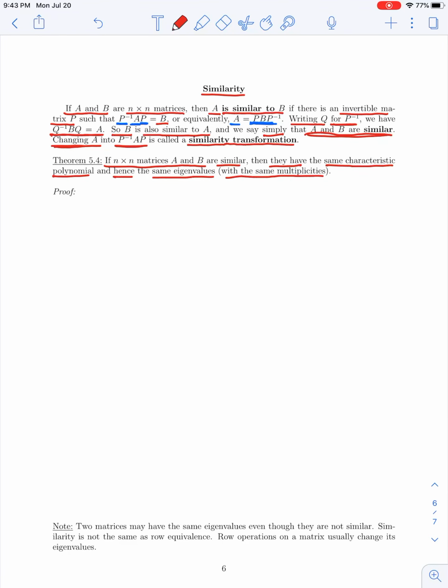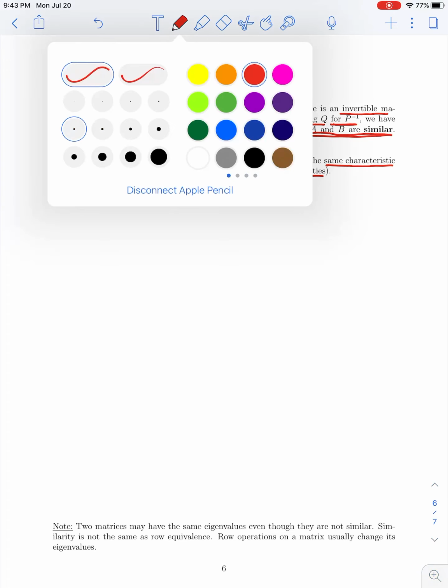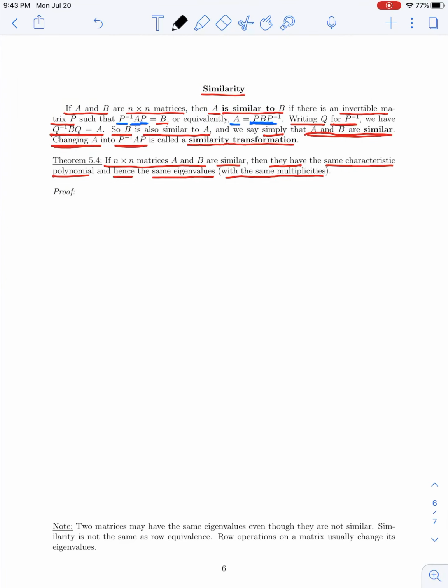So our assumption is if we have two matrices that are similar. So that means there's a similarity transformation between them.